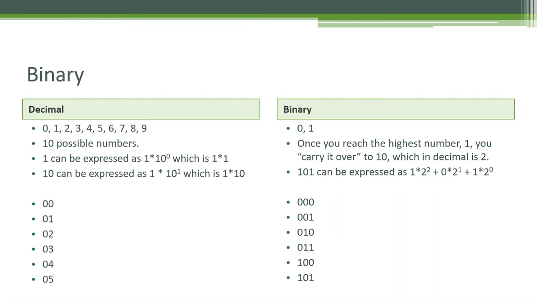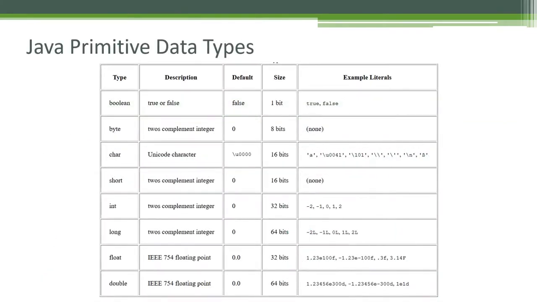Now, hexadecimal is base 16. It goes 0, 1, 2, 3, 4, 5, 6, 7, 8, 9, A, B, C, D, E, F. Once you get to F, you go 1, 0, 1, 1, up to 1F, then it's 2, and so forth.